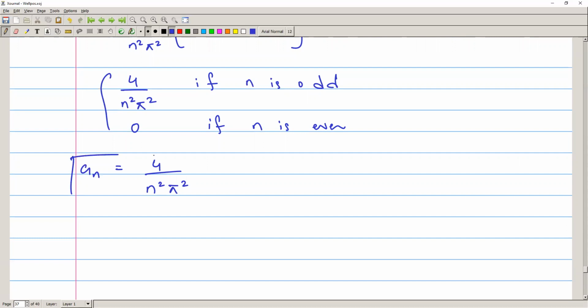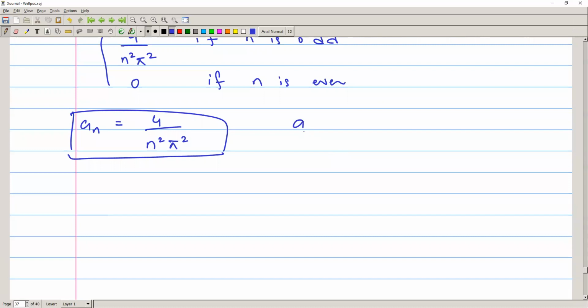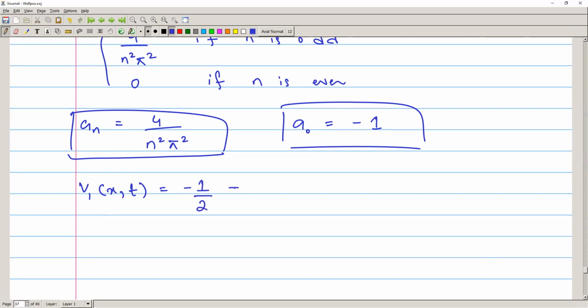So a n is equal to this. And we already got a naught, that is negative 1. Now we can write that v1 of x comma t is equal to negative 1 over 2 plus the summation n equals 1 to infinity of 4 over n squared pi squared cosine n pi x times e to the power negative n squared pi squared alpha squared t.